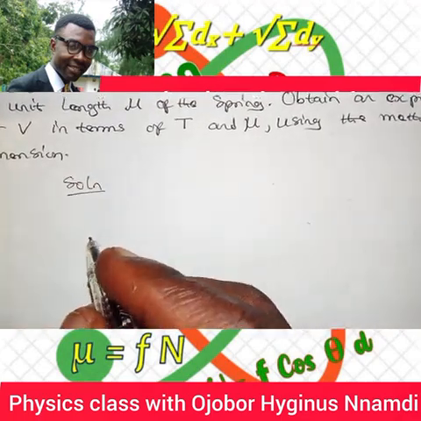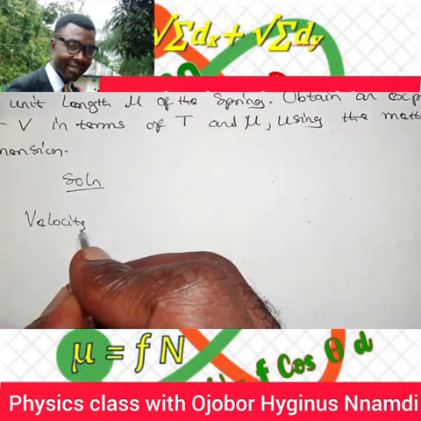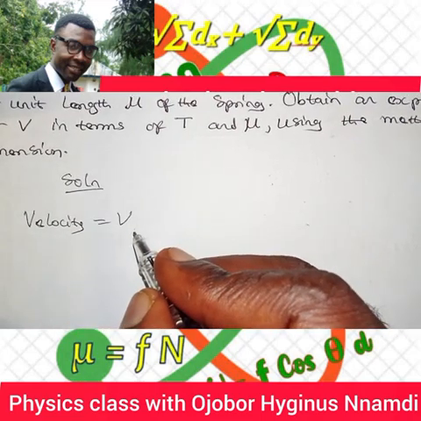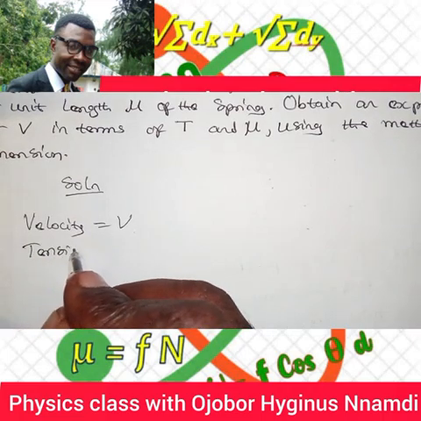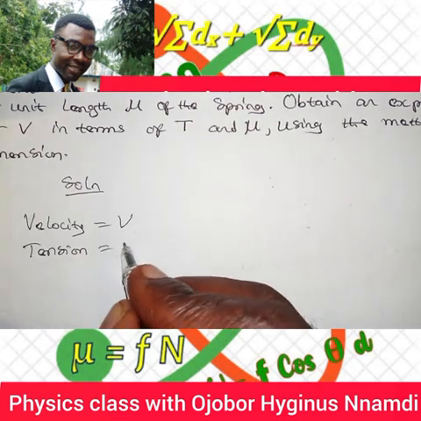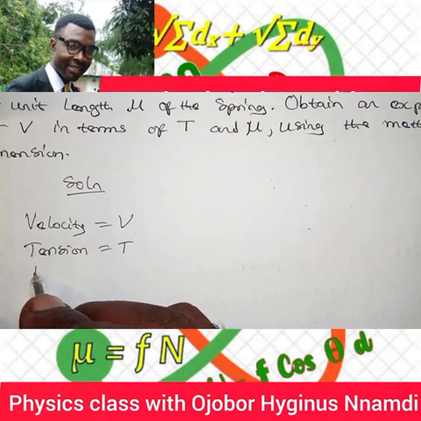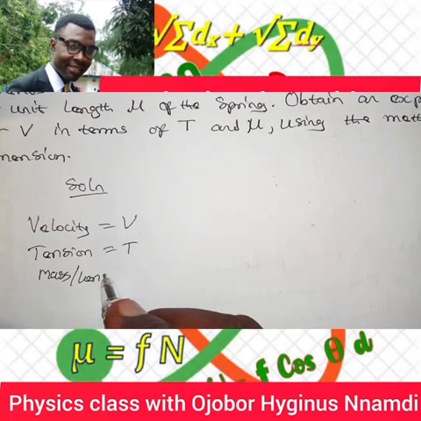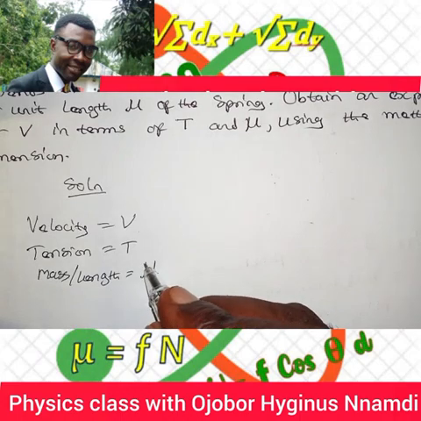Let's itemize the quantities: velocity v, tension T, and mass per unit length, mass over length, that is the meaning of per unit length, represented with mu.